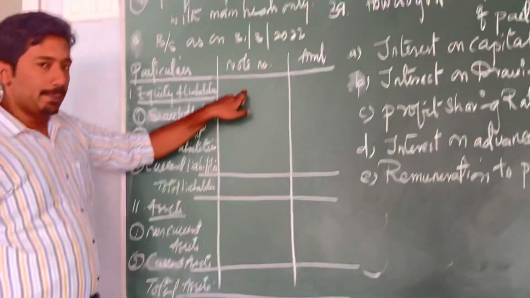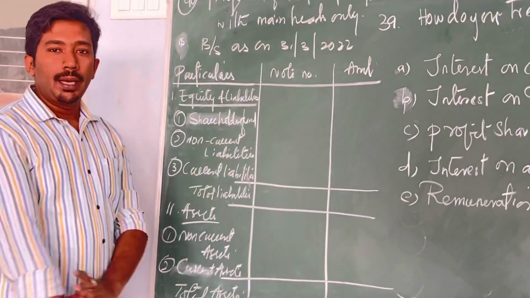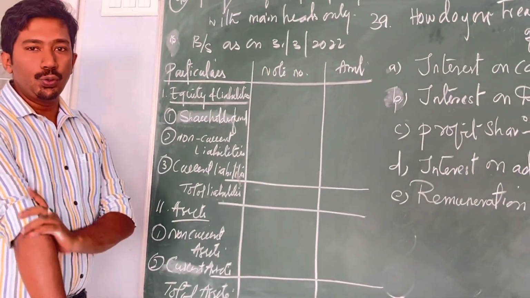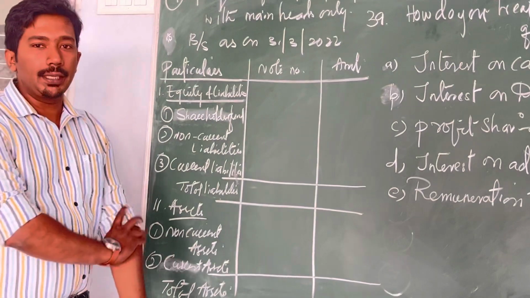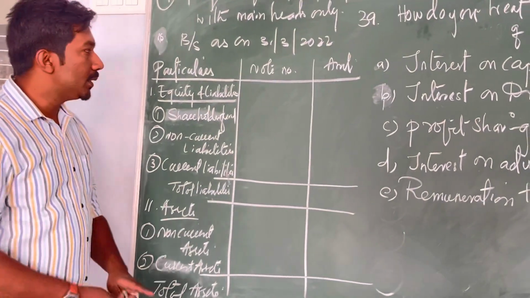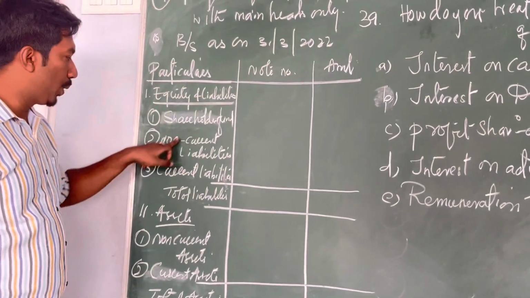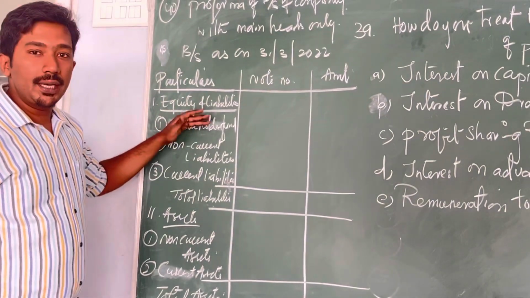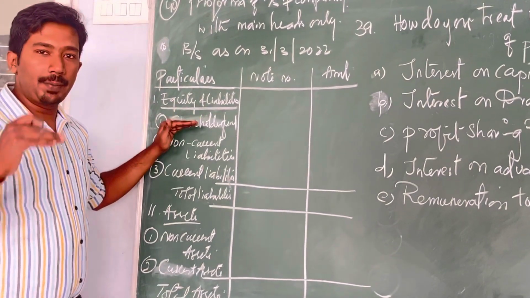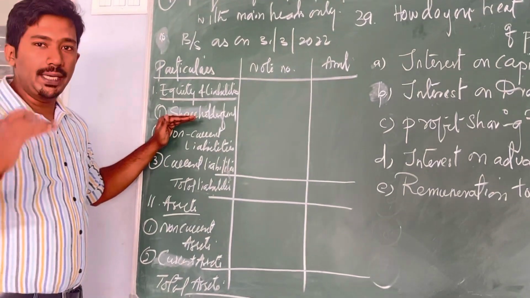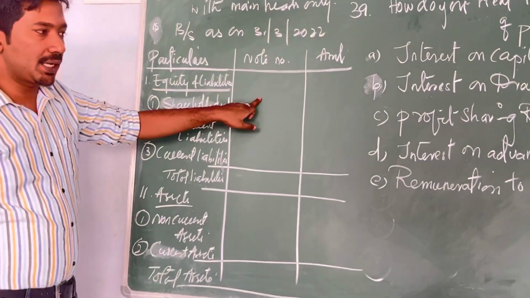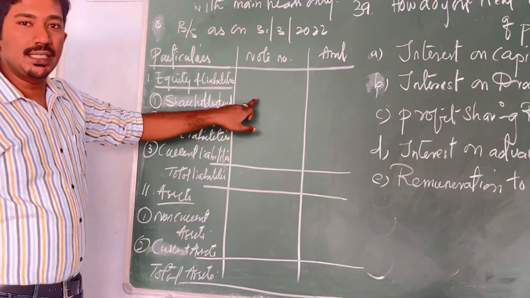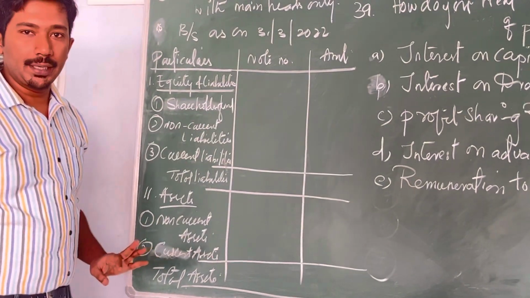This note number column is normally an inner column used for calculation, but in a company we just write the note number because for everything we do separate calculations. We call them schedules. We make separate schedules and do all the calculations, and we just write the note number here.